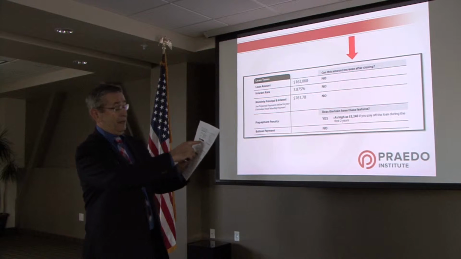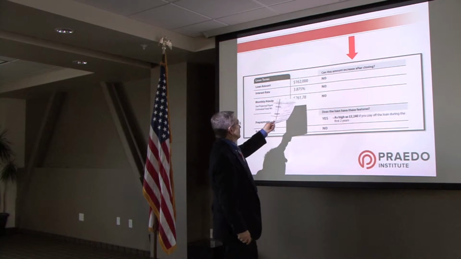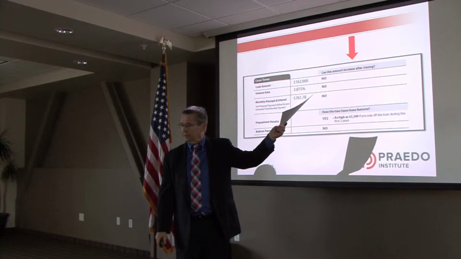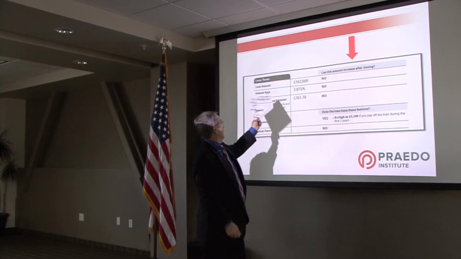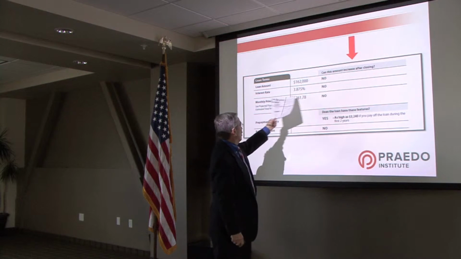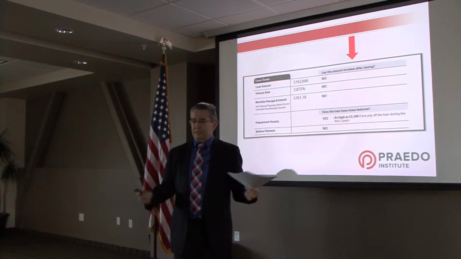Okay, now we're going down into this box right here. And you can see there's the loan amount, the interest rate, and oh, look at this column. Can this amount increase after closing? Very simple. It's right here. And we're saying, no, principal balance can't increase. No, the interest rate can't increase. No, the principal and interest can't increase. What does that tell you about the loan?